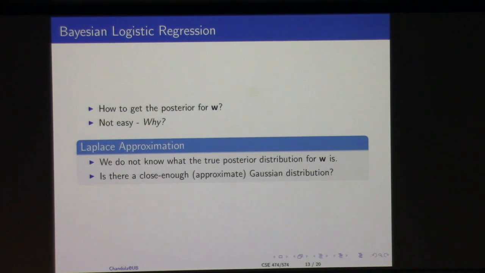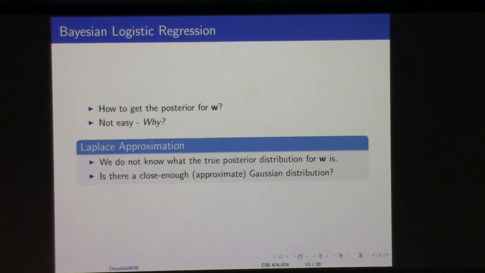It turned out that the posterior of W is also a Gaussian, because the prior is Gaussian and your likelihood function is also Gaussian. Remember, y is Gaussian with respect to W transpose x. Gaussian is a conjugate of itself, which means your posterior will also be Gaussian.